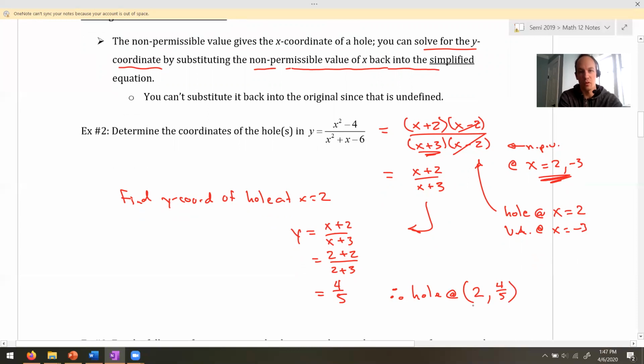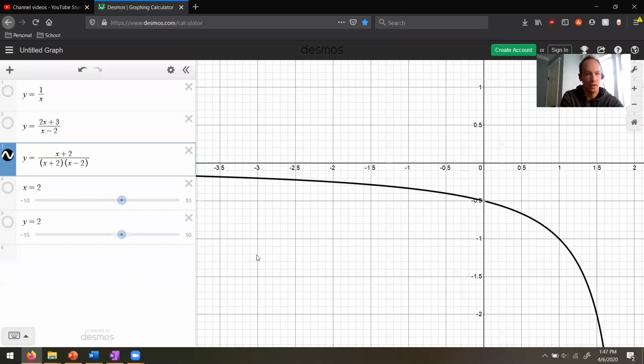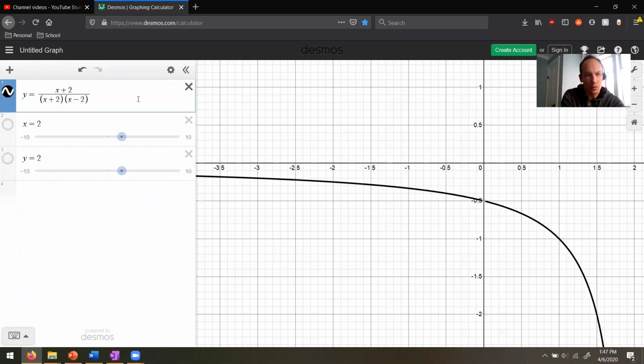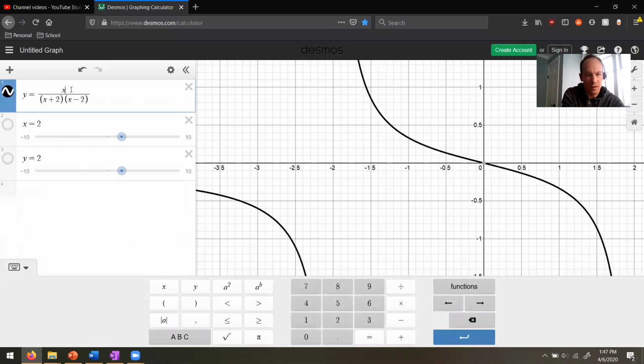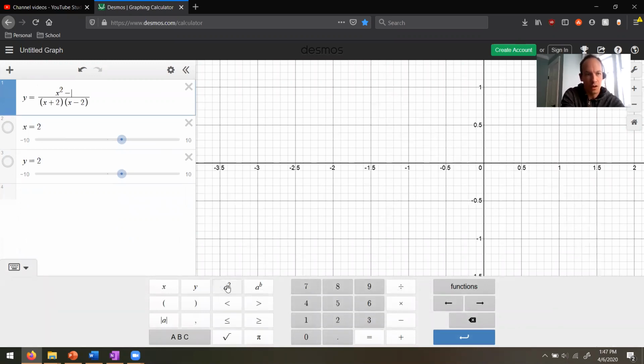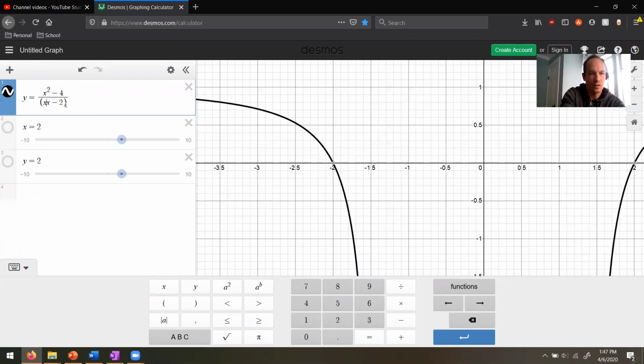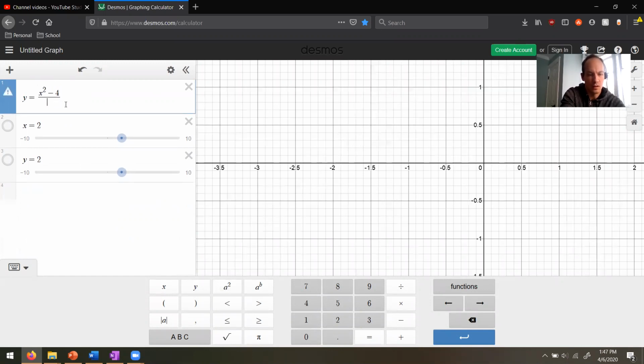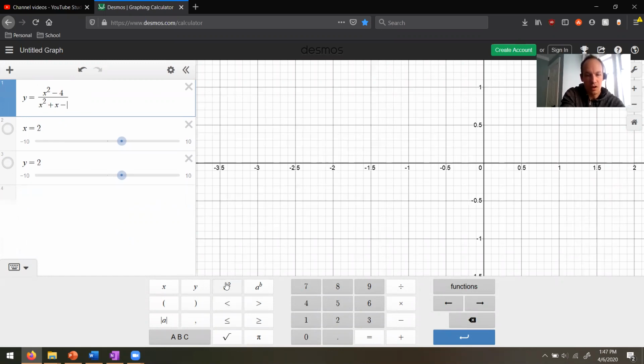And because it's always worth looking at this stuff, let's have a quick look. So let me just check here, y equals x squared minus 4, and the bottom was x squared plus x minus 6.